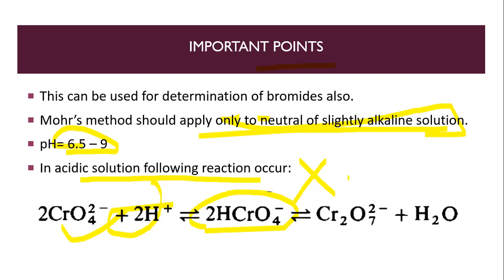We can use calcium carbonate to make it neutral, or sodium hydrogen carbonate. If it is too alkaline, then we can make it acidic by using acetic acid. Ultimately we have to maintain a neutral to slightly alkaline solution. This is a very important thing that we should take care about.